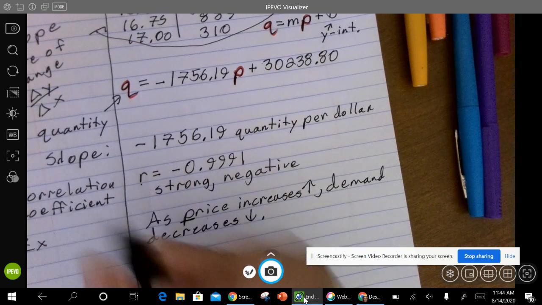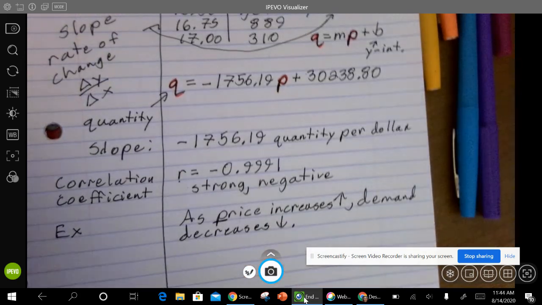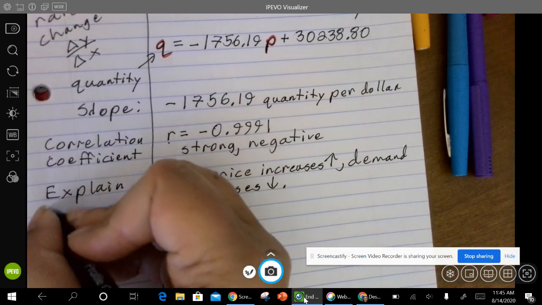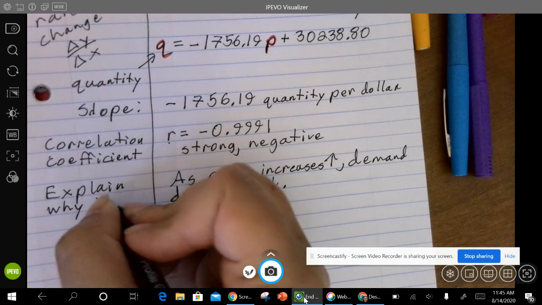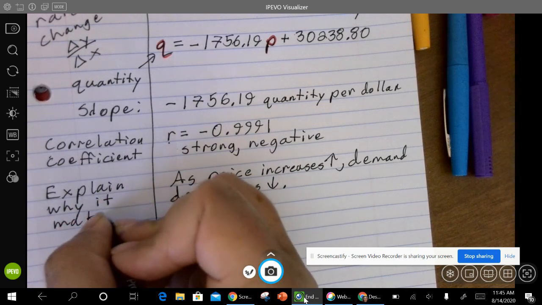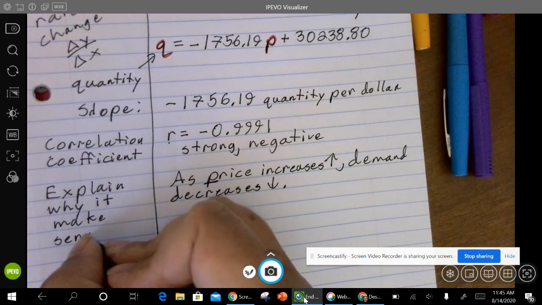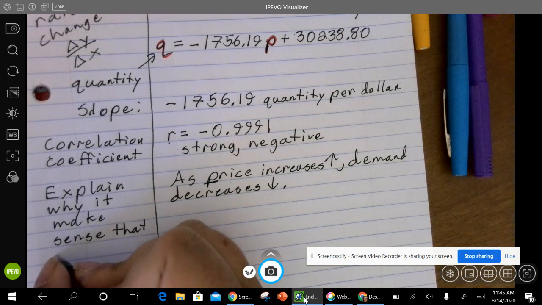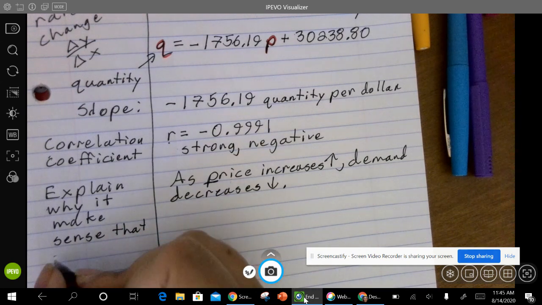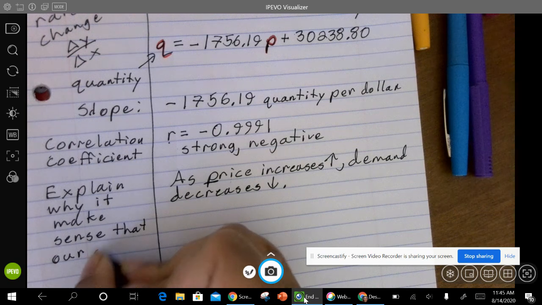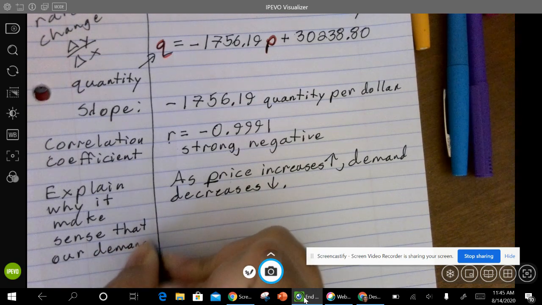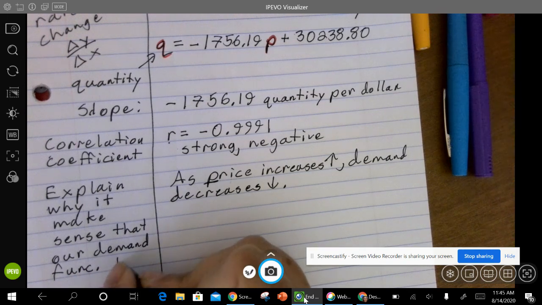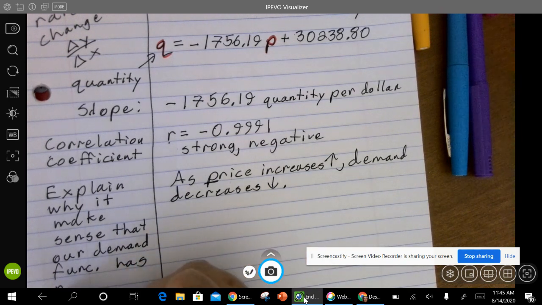So explain why it makes sense that our demand function has a negative slope.